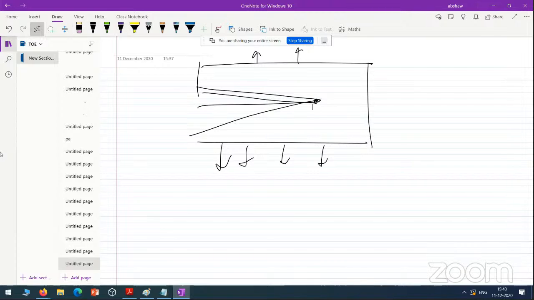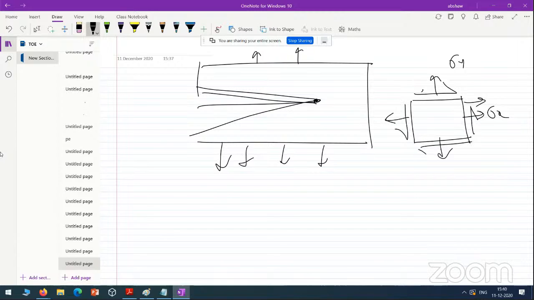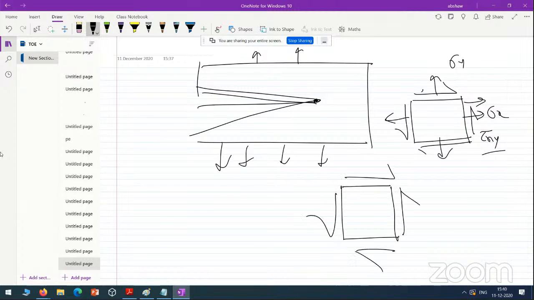If we represent the state of stress at a point in a two-dimensional case, this is sigma x, this is sigma y, and we have shear stress, sigma xy or tau xy. Pure shear means there are no normal stresses. So, is there any example where the state of stress is like this?